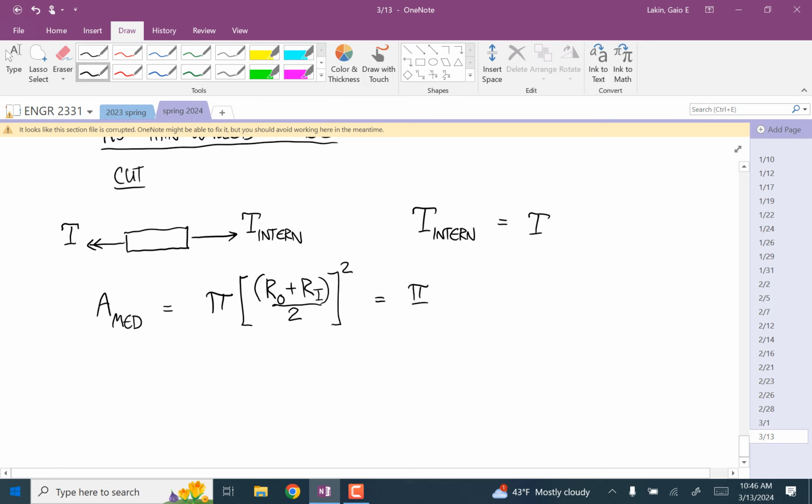And so you get pi over 4 times the quantity r outer squared plus 2 r outer r inner plus r inner squared. And the thickness is r outer minus r inner.